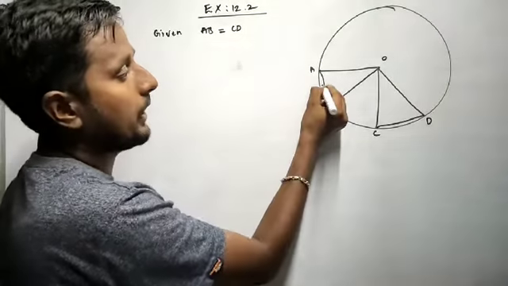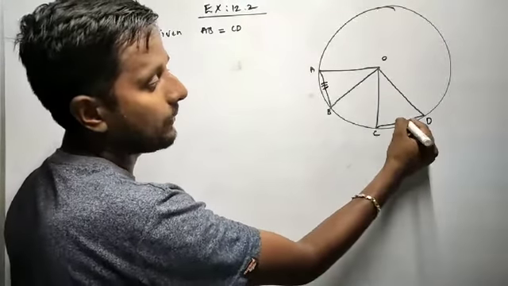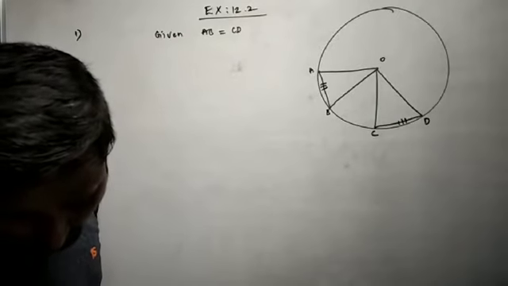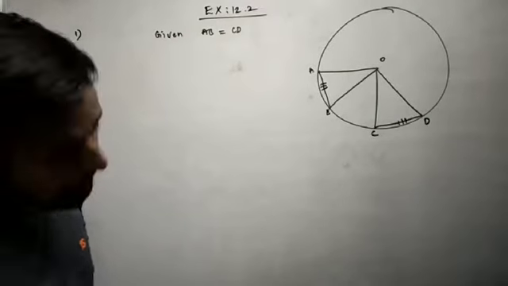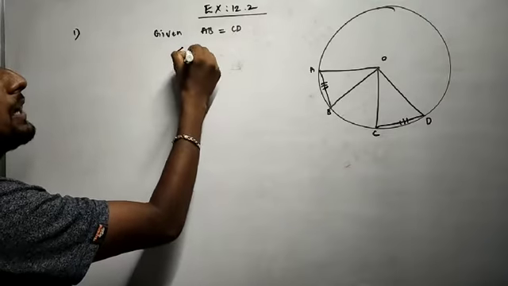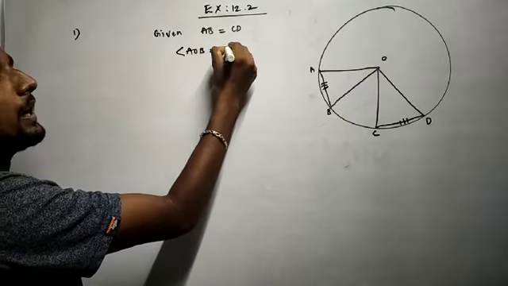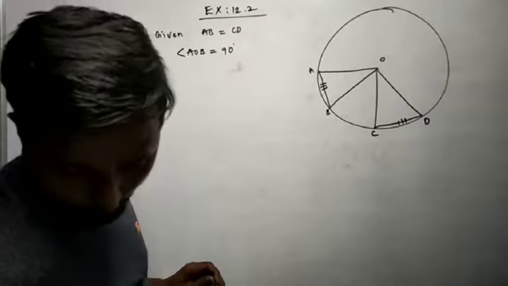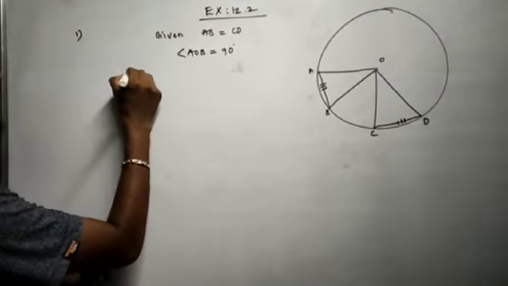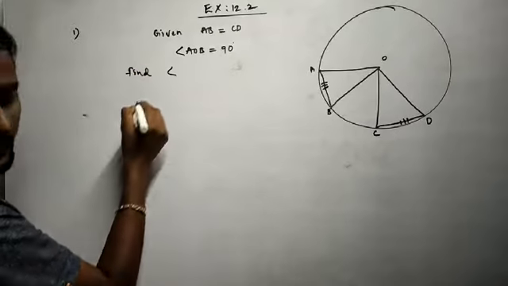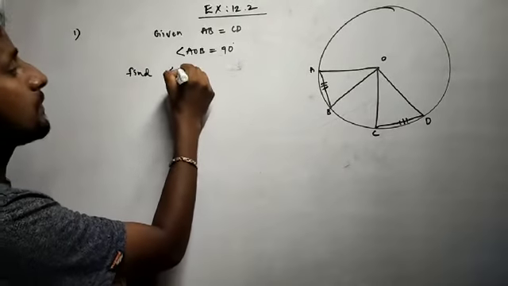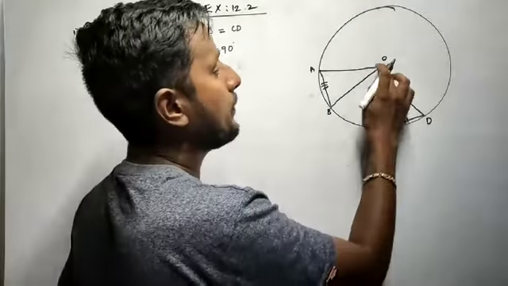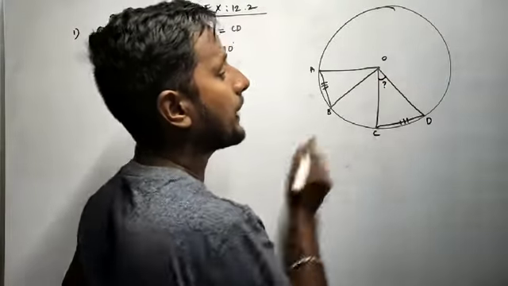These chords are equal. And one more given information, angle AOB is equal to 90 degrees. What we have to prove is to find angle COD.